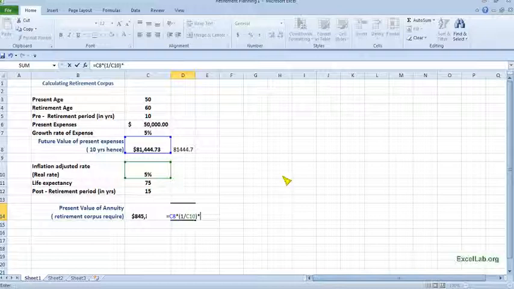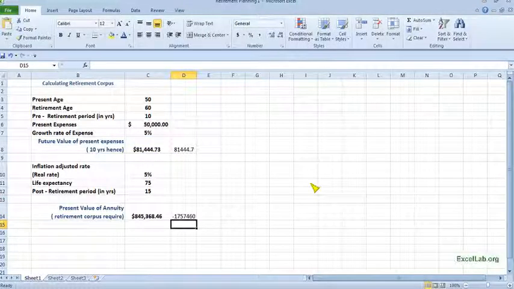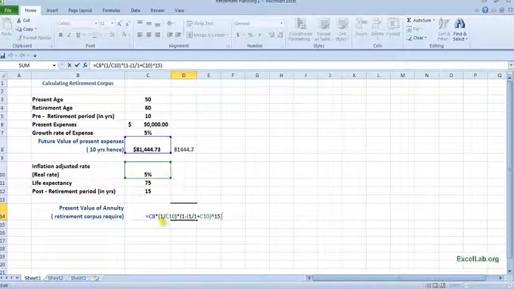It is multiplied by 1 minus 1 upon 1 plus r, raised to 15 years, and we'll enter. Let me put this in parentheses.